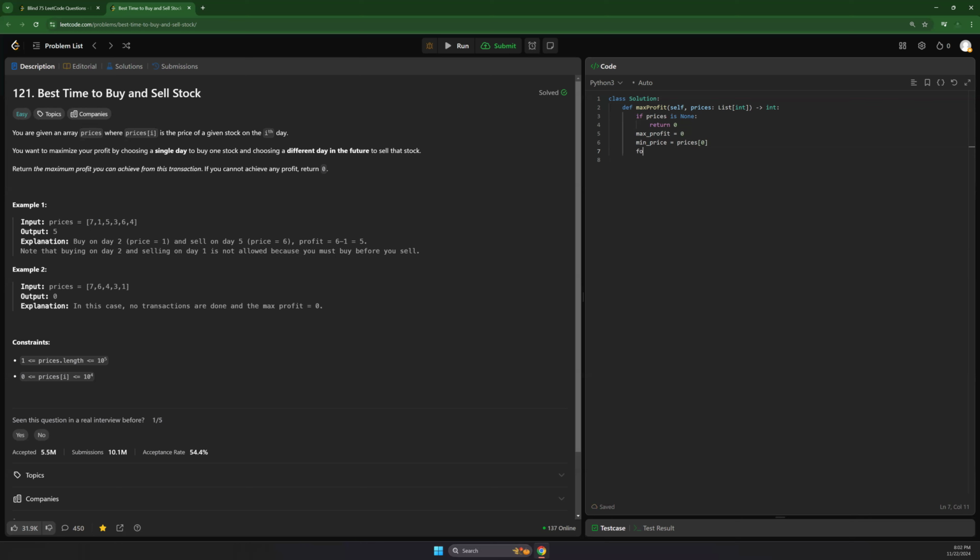So now we want to start from the second location, which is the first index. Our index starts with range 1 and goes till len of prices.